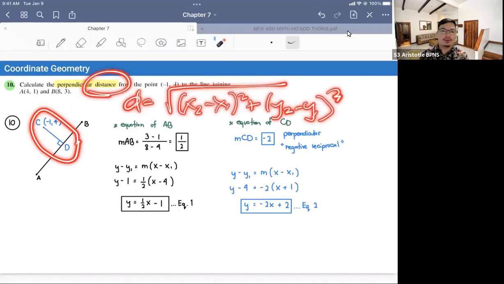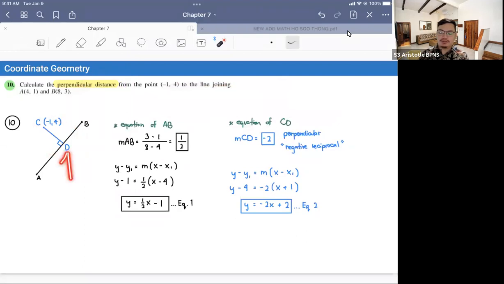We need 2 points. However, our problem here is that we don't have the coordinates of the intersection point, point D. So what are we supposed to do now? Of course, we need to find point D in order to find the perpendicular distance of this line, right?